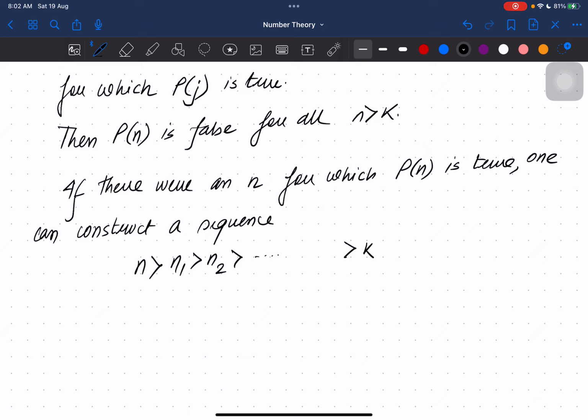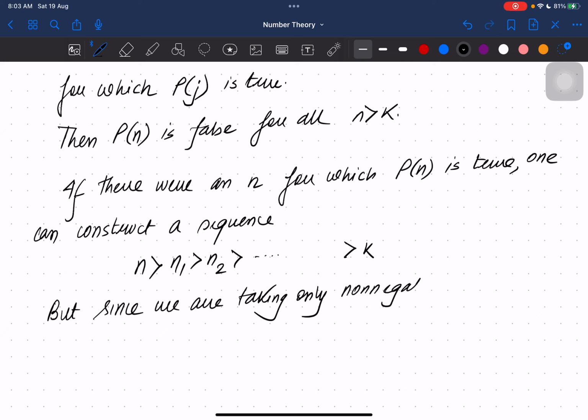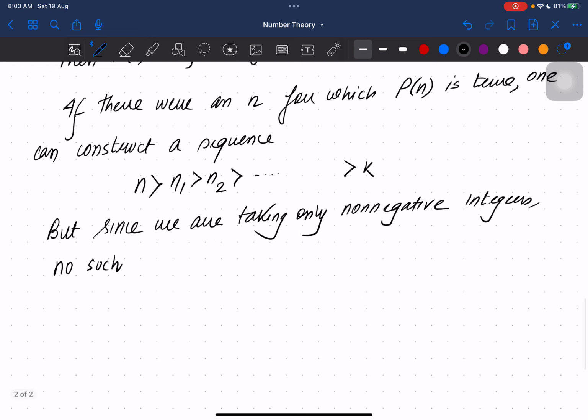But the thing is, since we are taking only non-negative integers, such an infinite decreasing sequence does not exist. No such infinite decreasing sequence exists.